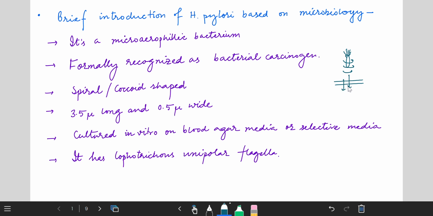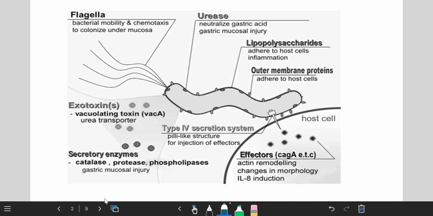Okay, now the question is where the bacteria causes the infection. The bacteria actually causes infection in the stomach. So obviously in the stomach the acidity is high. So if there is high acidity, the bacteria needs to create a less acidic environment to survive.